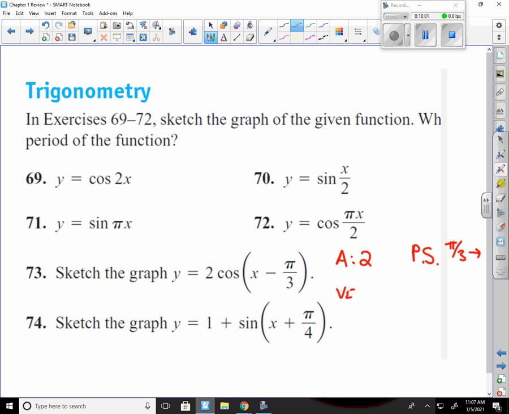Vertical shift, there's nothing added on to the end or the beginning, so that would be 0. And my period is pi over whatever's in front of the x, which is just 1 in this case, so it's just pi.